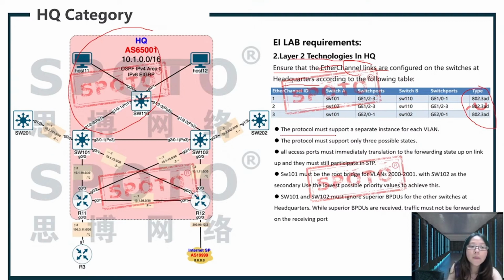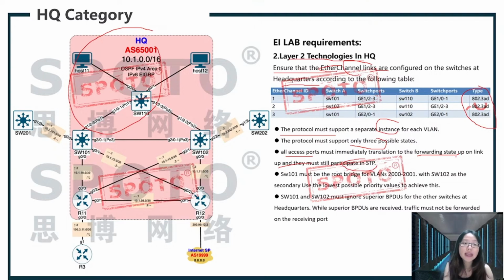The protocol must support a separate instance for each VLAN, and the protocol must support only 3 possible states. All access ports must immediately transition to a forwarding state on link up, and they must still participate in STP. This part is related to STP.